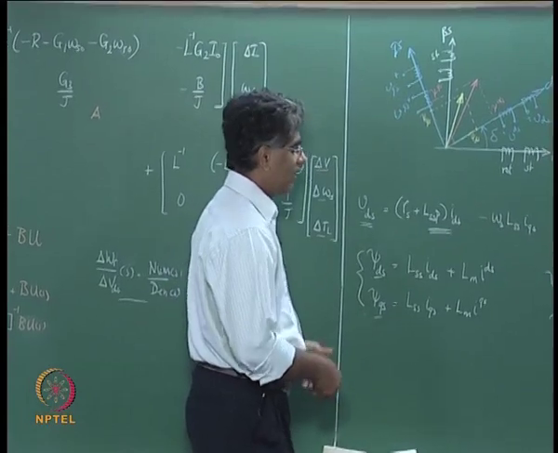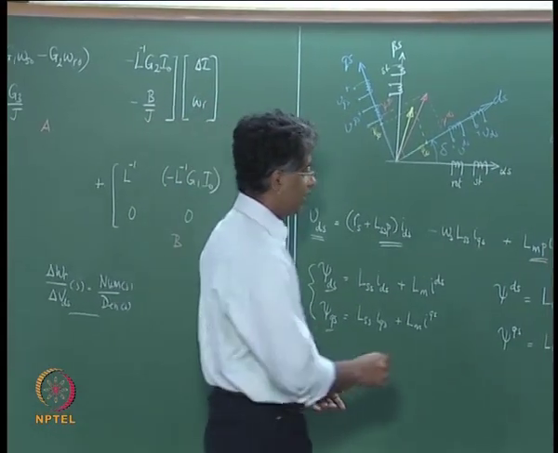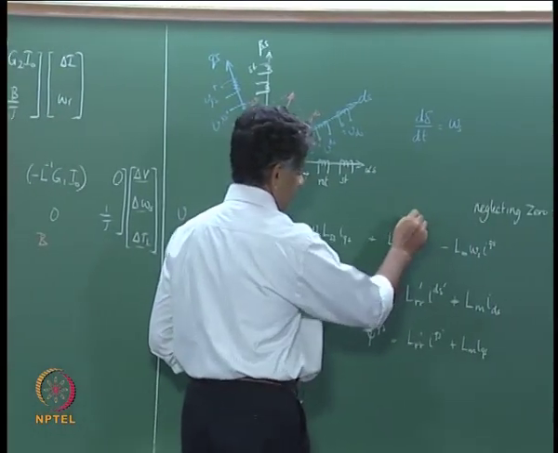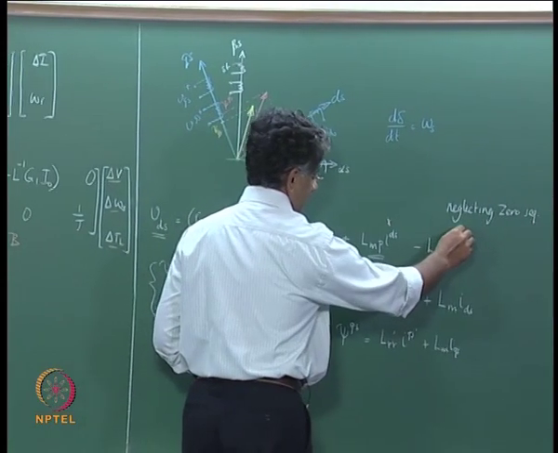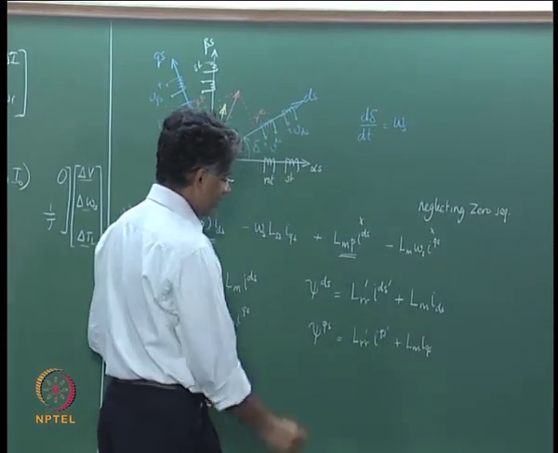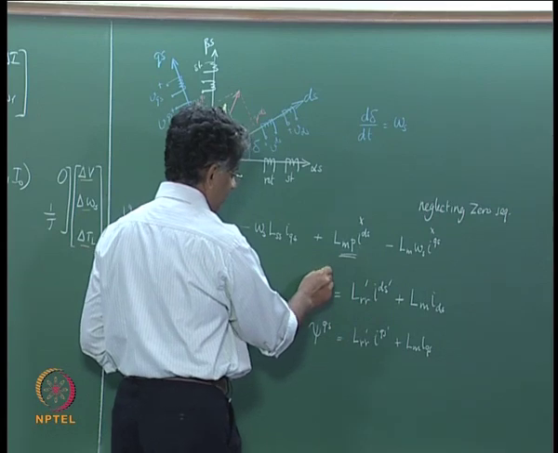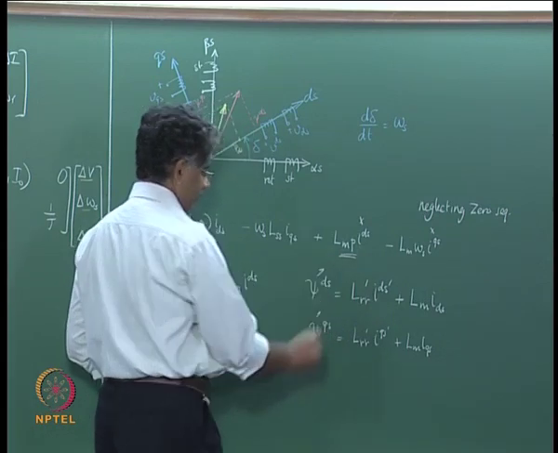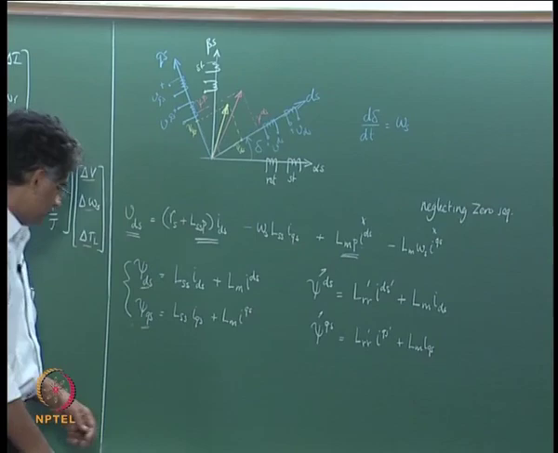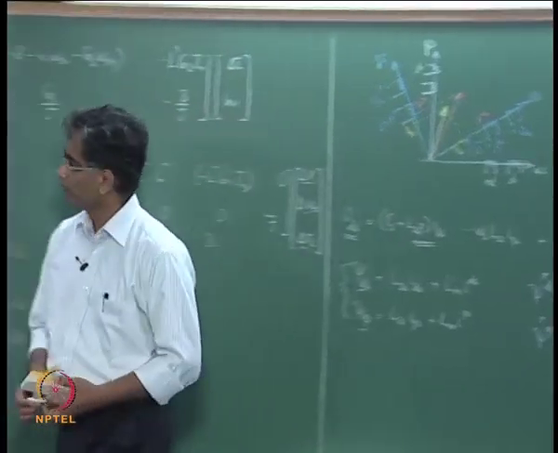For example, let us say that we choose to eliminate the rotor d axis current and the rotor q axis current, and instead replace them by psi ds' and psi qs'. How does one do that?